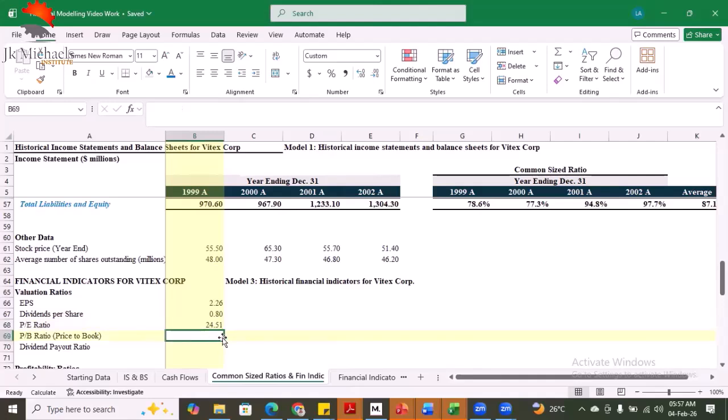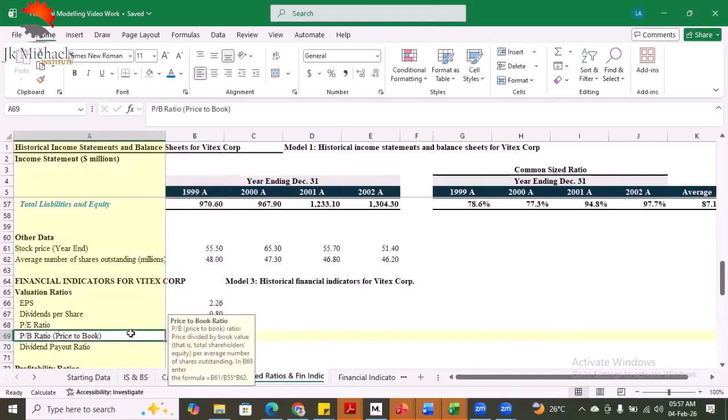And then we have the price to book ratio, which is simply, by definition, the price of the shares divided by the book value per average number of shares.